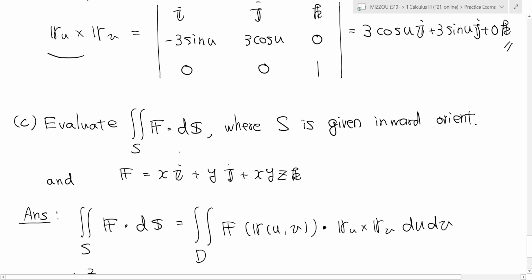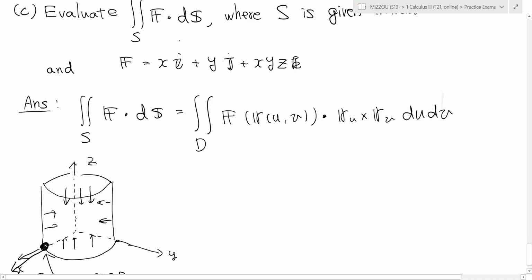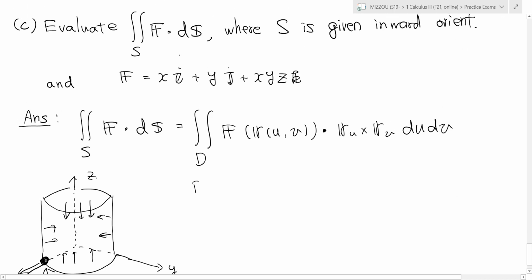So from this little computation, you will see that this one gives an outward orientation. So it's the other orientation than the given orientation.